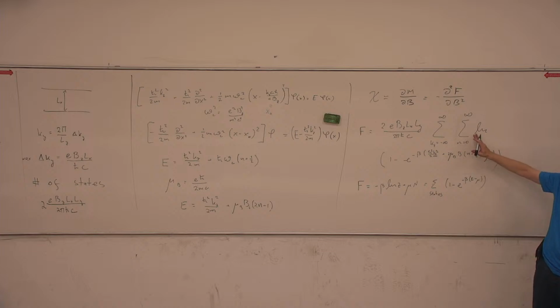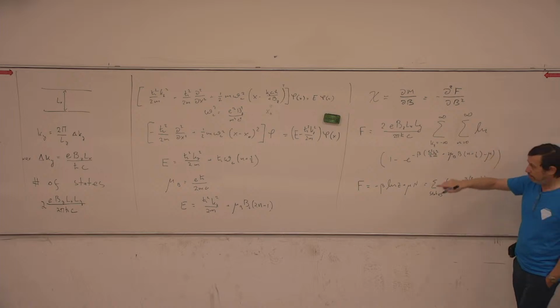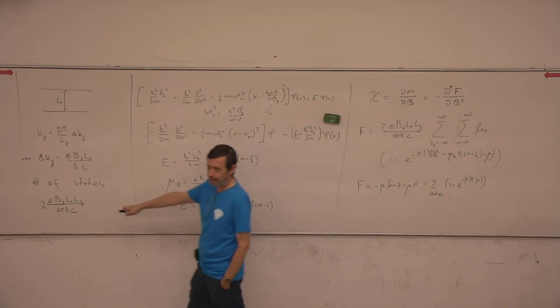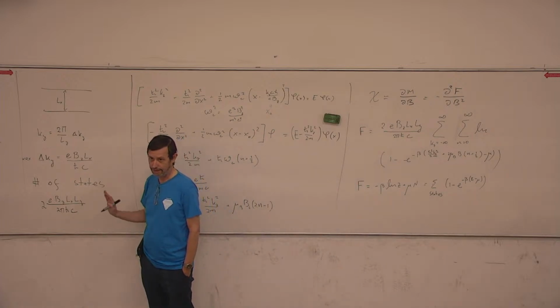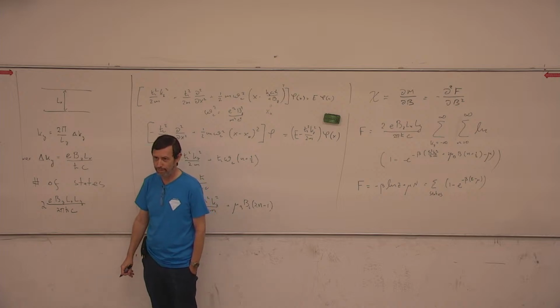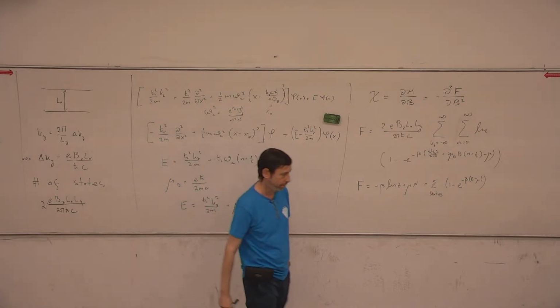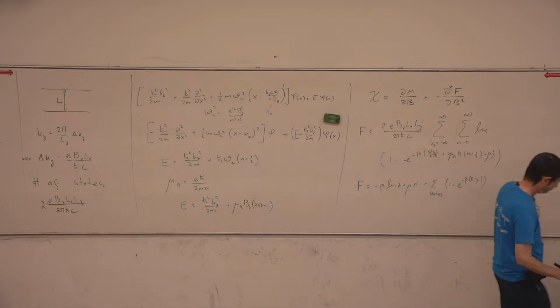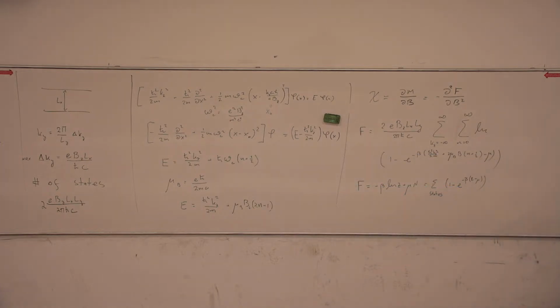Life is somewhat simpler because I don't have a summation on ky and kz. I can replace it just by the degeneracy and n. So instead of 3 summations, I have just 2. Okay.